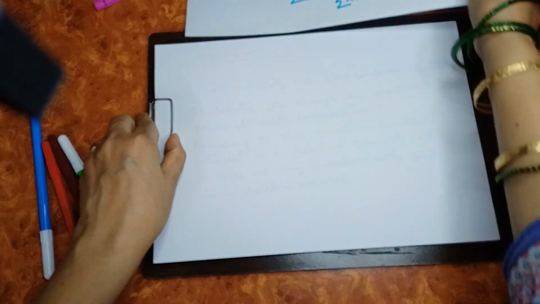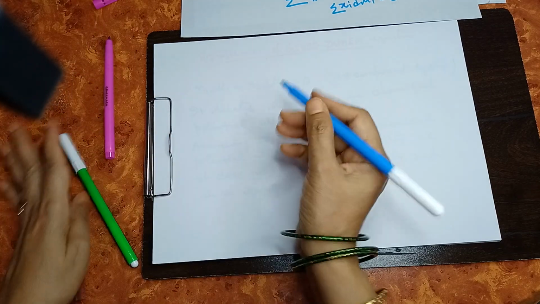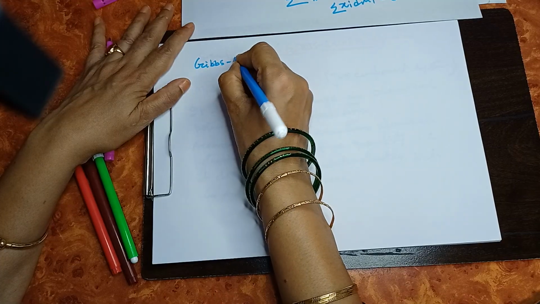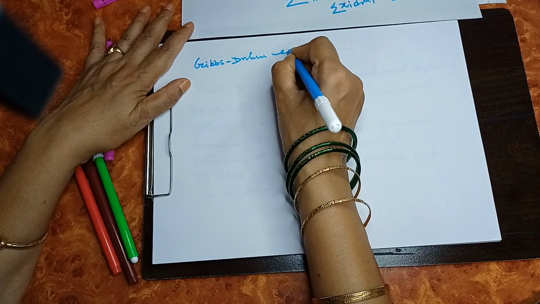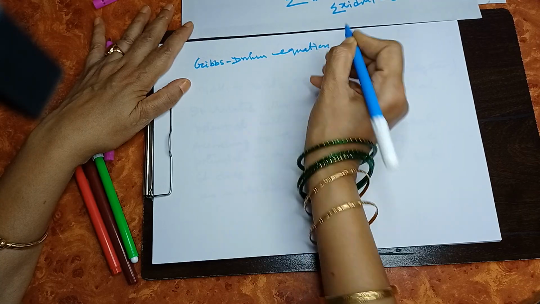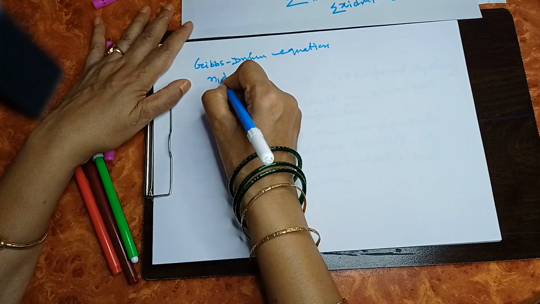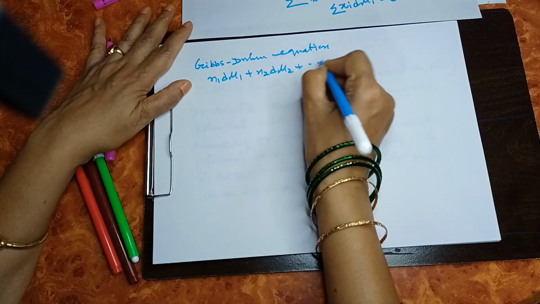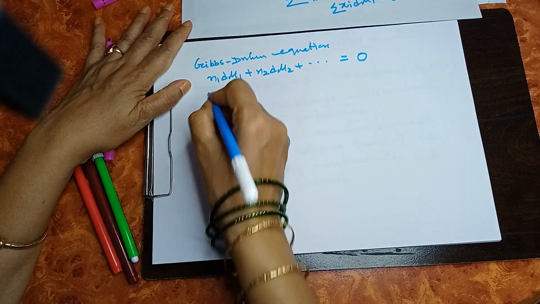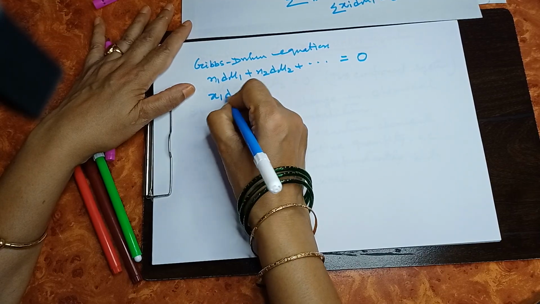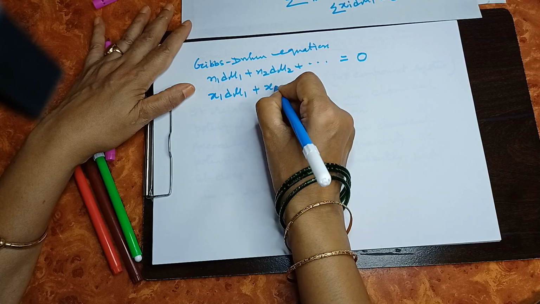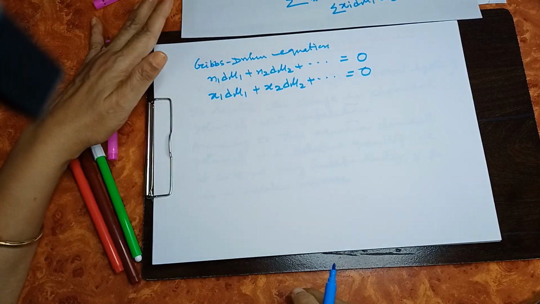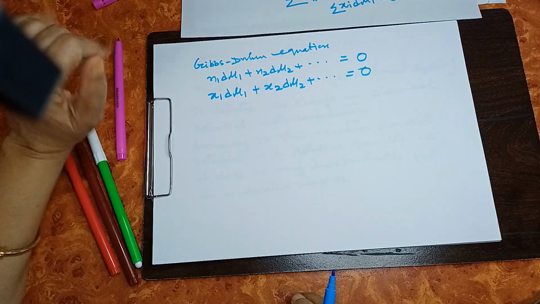The Gibbs-Duhem equation: one is n1 d mu1 plus n2 d mu2 plus dot dot is equal to 0, or in terms of mole fraction, x1 d mu1 plus x2 d mu2 plus dot dot dot is equal to 0. These are the Gibbs-Duhem equations.